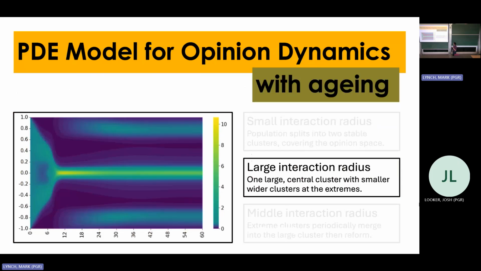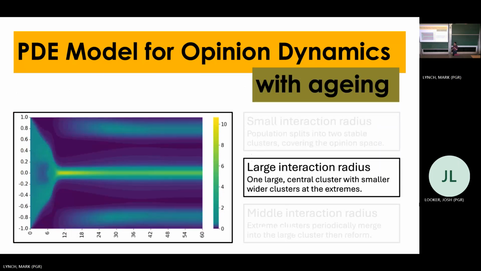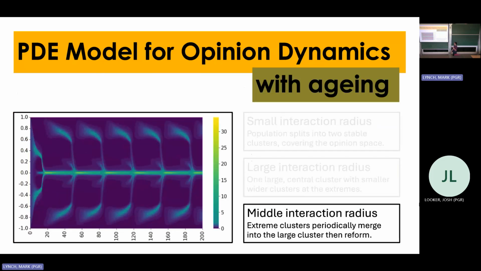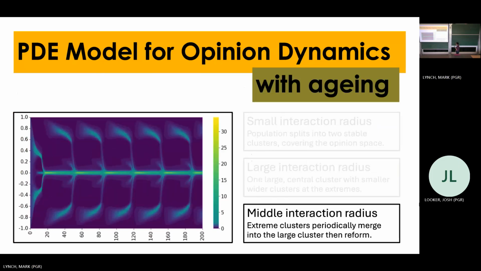Okay, so when the radius was small, we had 2 clusters. When it was bigger, we had a central cluster and 2 smaller extreme clusters. And then when it's in between, we get this funky behavior. So this is a much longer time period. So this is up to 60, and this is like a couple of hundred. So it starts the same as before. You get to 1 central consensus, and then you form these more extreme clusters.